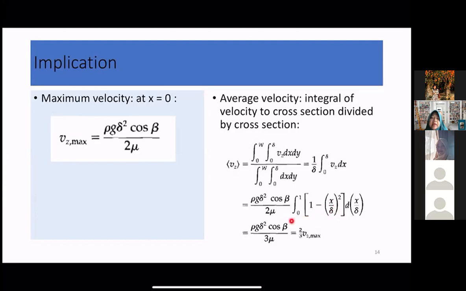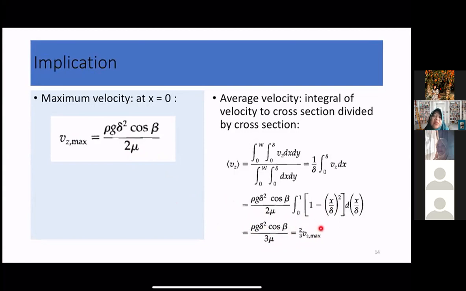And then it will conclude into rho g delta squared cos beta over 3 mu. So if you look here, comparing the V max and the average velocity for falling film, the average velocity is 2 over 3 of its V max.